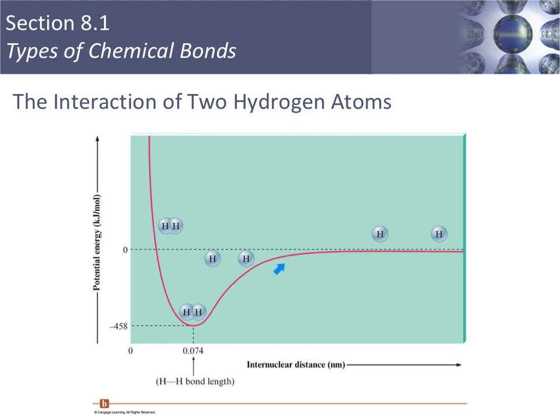As they gradually move closer together, the potential energy drops, and we finally reach this minimum value, and that represents the energy that's released by this system, and also, if you look at the number here, this is the bond length. If they come closer together, then the repulsion between the nuclei starts to take place and the bond becomes less stable. So there is this ideal distance. So when we talk about a bond, in the case of hydrogen and with other molecules, that's what we're actually talking about.